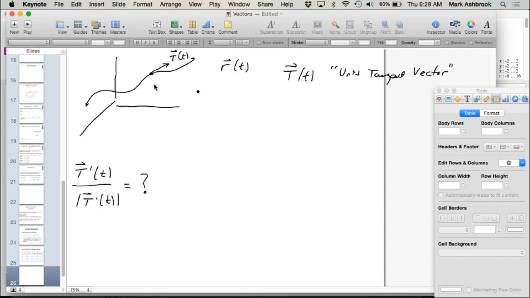So suppose, like at that example right there, say that point is for t equals 3, okay? So this would be T of 3, and then what would, say, T of 3.01 be? What direction would it be? Steeper or more shallow?